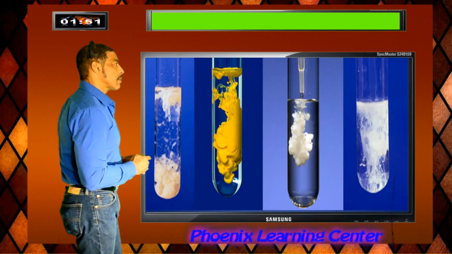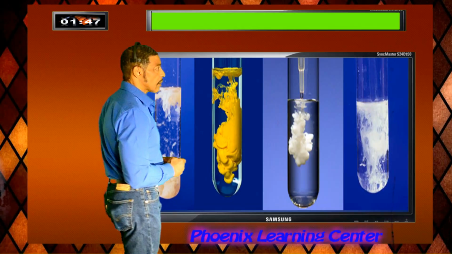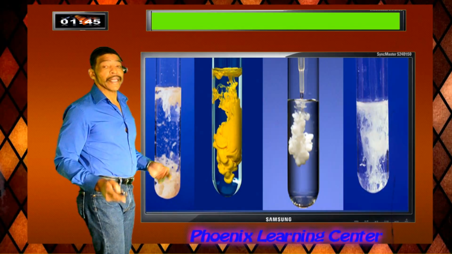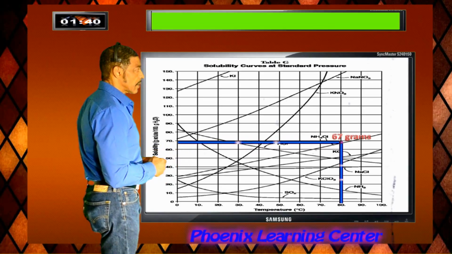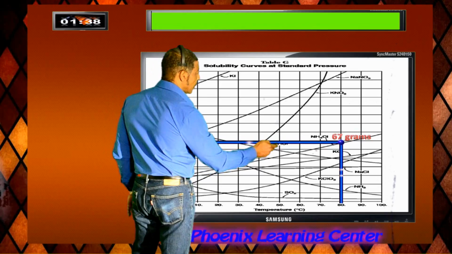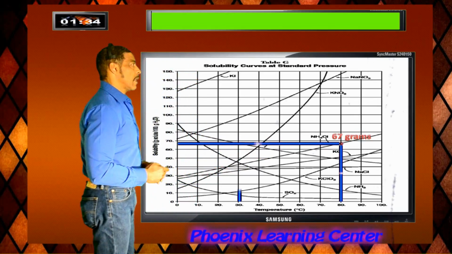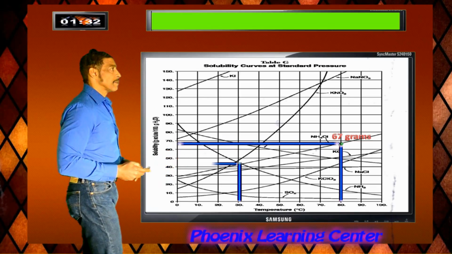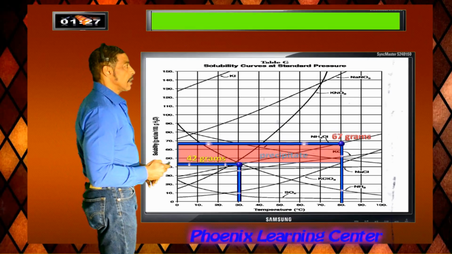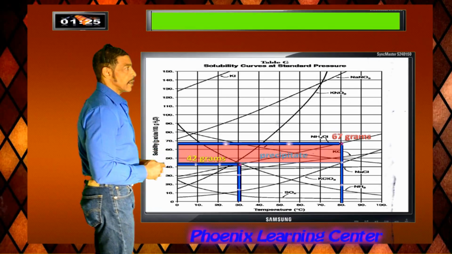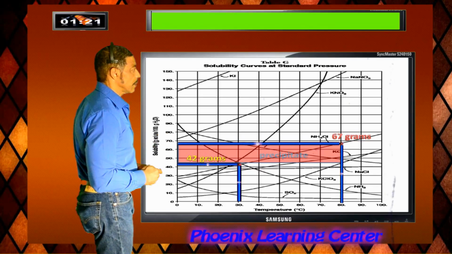When the dissolved substances exceed their saturation point, they will form crystals that will fall out of solution as a precipitate. At 80 degrees Celsius, 67 grams of NH4Cl will dissolve. At 30 degrees Celsius, 42 grams of the salt will dissolve. The difference will represent the precipitate, which should be approximately 25 grams.